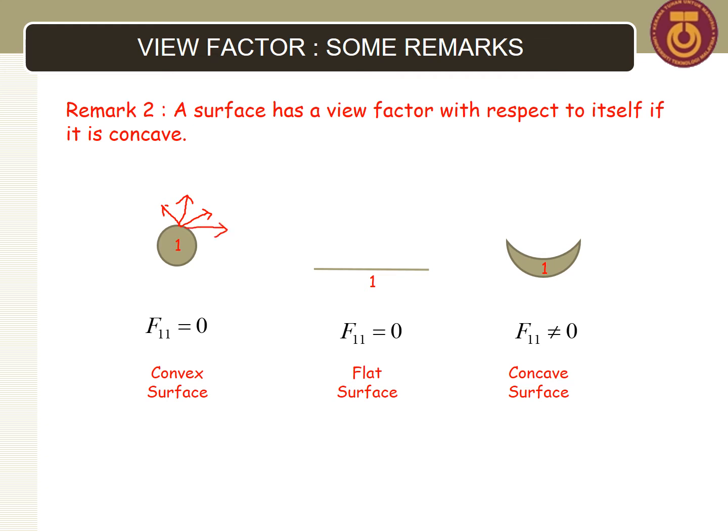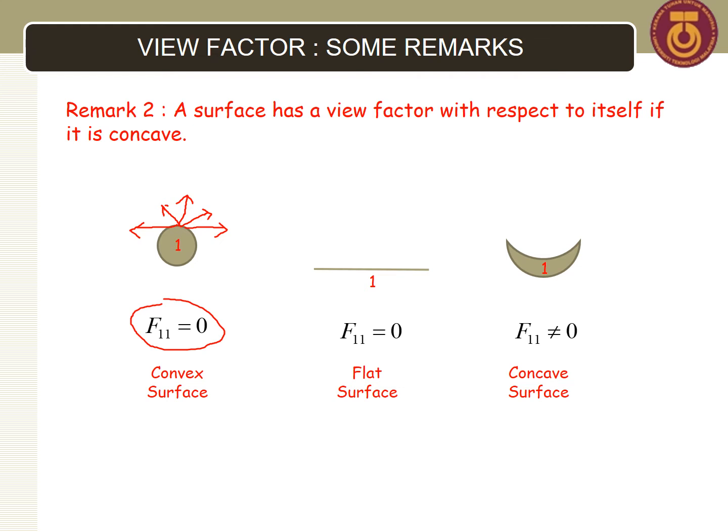So it is emitted in every direction, but none of the emitted radiation will fall back on itself. When this happens, it means F11 equals 0, meaning the view factor with respect to itself for a convex surface equals 0.